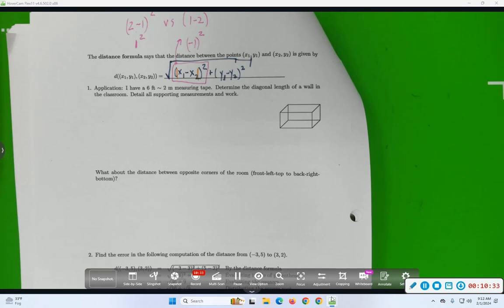Wait, I think you're right actually, because it's not going to be accurate. Expenses were spared concerning the amount I spent on these tape measures. So we'll just go to the corner.